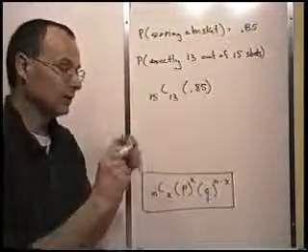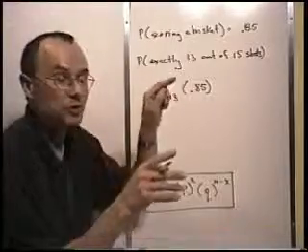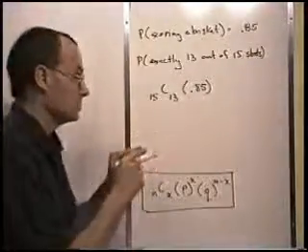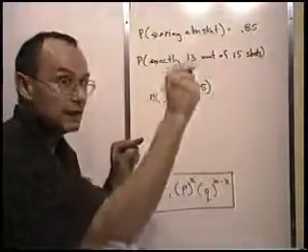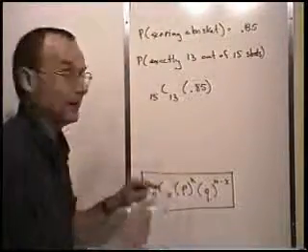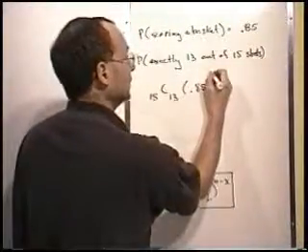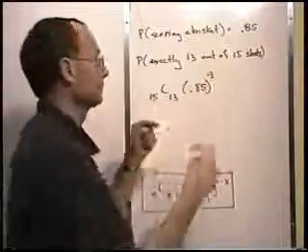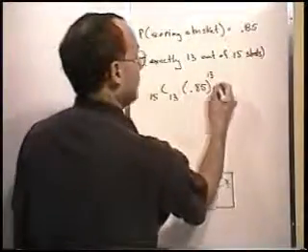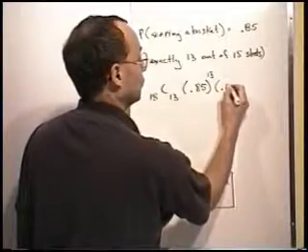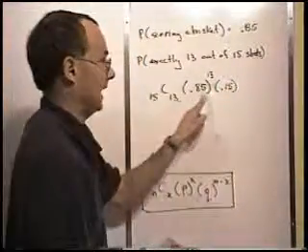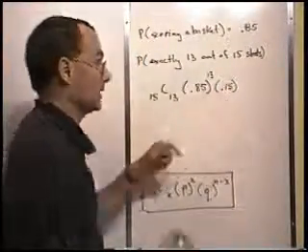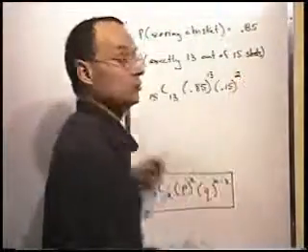When you think about it, if you think of one branch on your tree diagram, you're going to have 13 of these 0.85s, because you want 13 successes. So there's going to be 0.85 times 0.85 times 0.85. And then how many failures? Well, 0.15, because they have to add up to 1, and we want 2 failures.